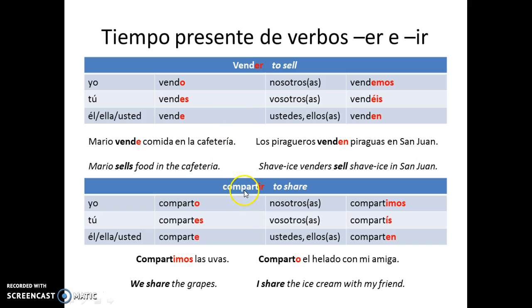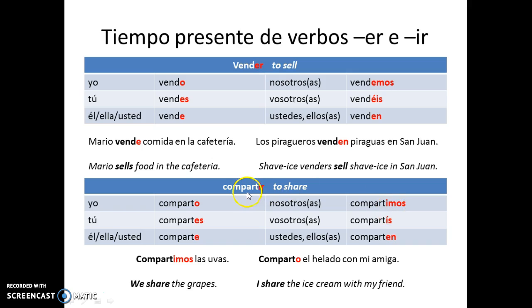Now let's look at an IR verb, compartir. An IR verb has the following endings for the conjugation: o, es, e, imos, ís, and en. In the first person plural and the second person plural, the nosotros and the vosotros forms, note how the ending matches the ending of the infinitive.